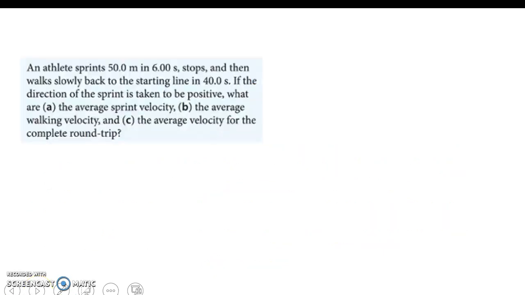An athlete sprints 50 meters in 6 seconds, stops, and then walks slowly back to the starting line in 40 seconds. If the direction of the sprint is taken to be positive, what are the average sprint velocity, the average walking velocity, and the average velocity for the complete round trip? So, velocity, displacement over time. The D is going to mean displacement here.